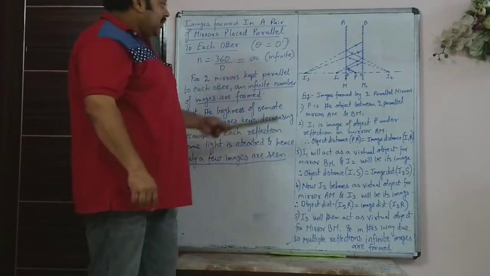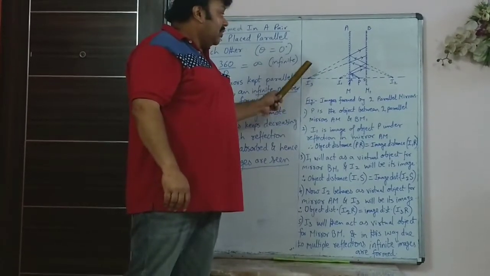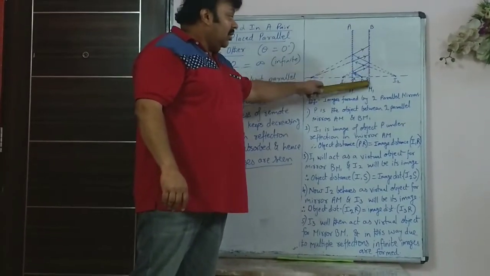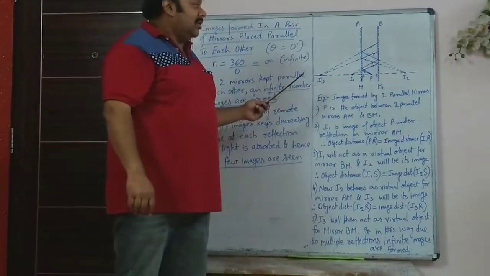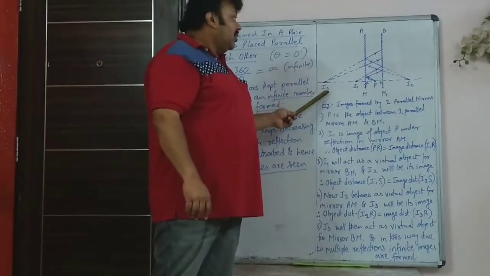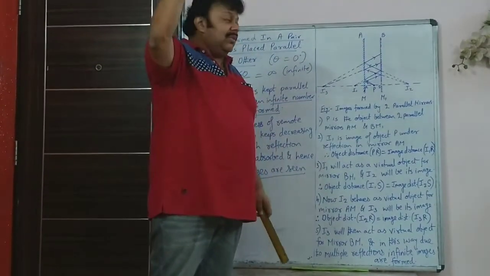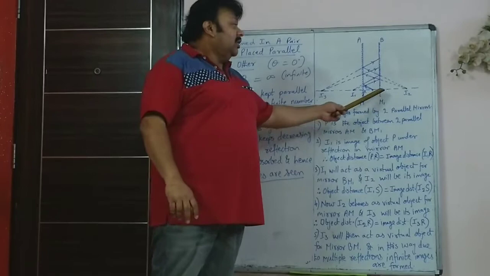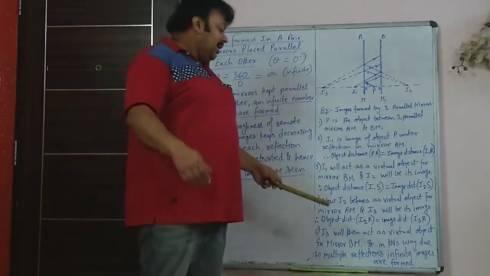After that, like this the process continues. Now I3 will behave as virtual object for the mirror BM1 which has the reflecting surface facing I3. So I3 is the virtual object for the mirror BM1 and its image will be formed such that I3S is equal to I4S. But that all we need not know and write.